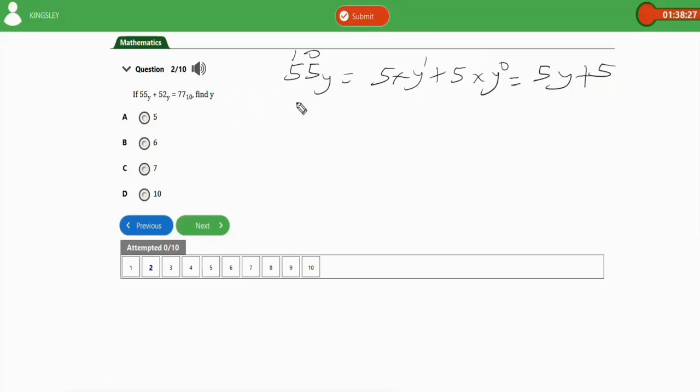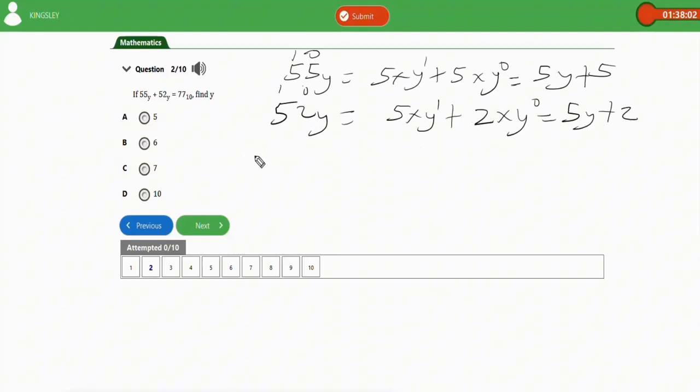Then if you are converting 52 base y to base 10, this will give you 0, this will give you 1. So it will be 5 times y to the power 1 plus 2 times y to the power 0. So we have 5y plus 2.